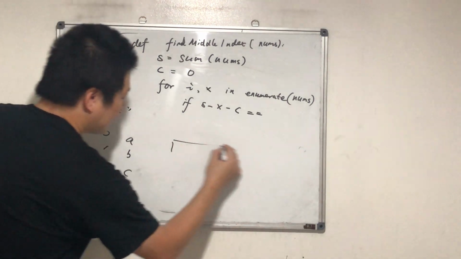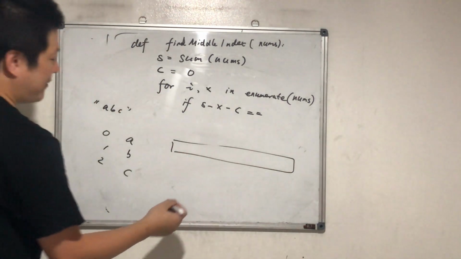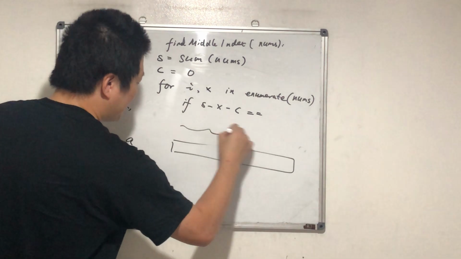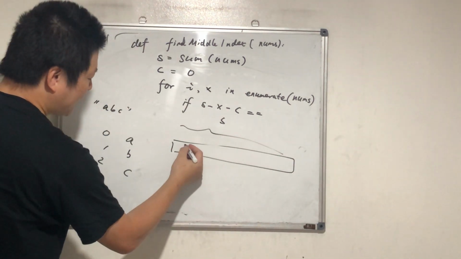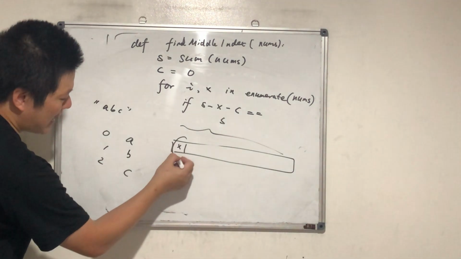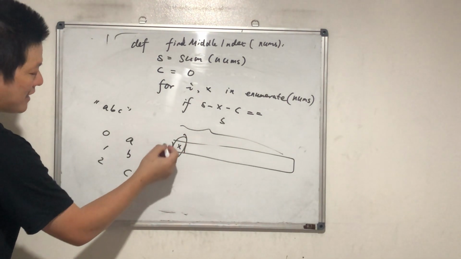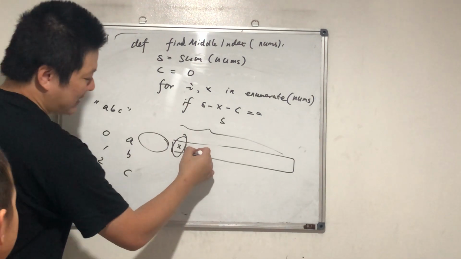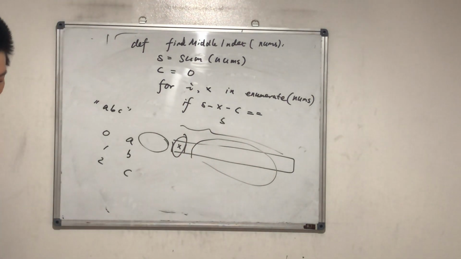Look, this is the array, and I know the whole sum is s. Now I'm iterating, and x is the middle element, right? If I subtract this element and the previous part, what's next? It's this part, the right part, yeah?